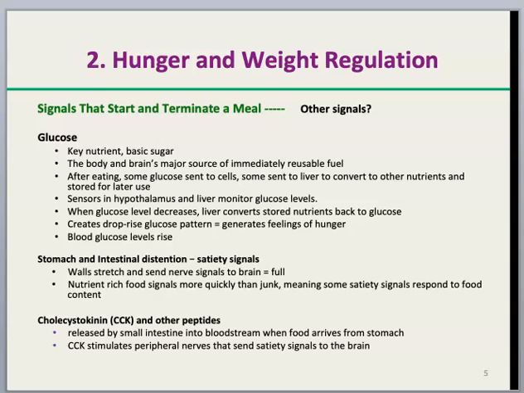CCK and other peptides. These are released by the small intestine into the bloodstream when the food arrives in the stomach. CCK stimulates peripheral nerves that send signals to the brain that you're full.